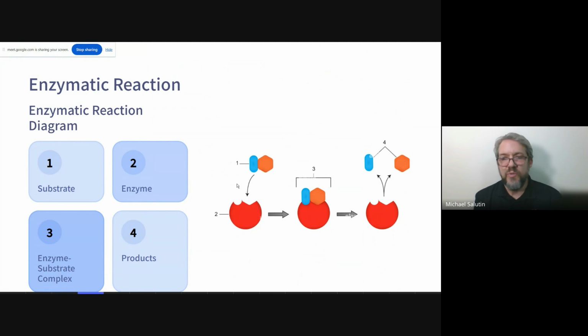Let's say the blue one represents water and the orange one represents oxygen in this case. Those are the products, and they are immediately released. What happens to the enzyme now, the catalase in this case? Nothing. It stays exactly the same, and it is reused over and over again thousands and thousands of times.